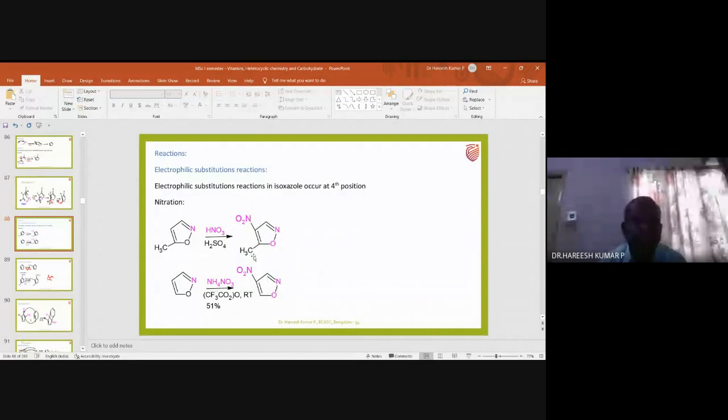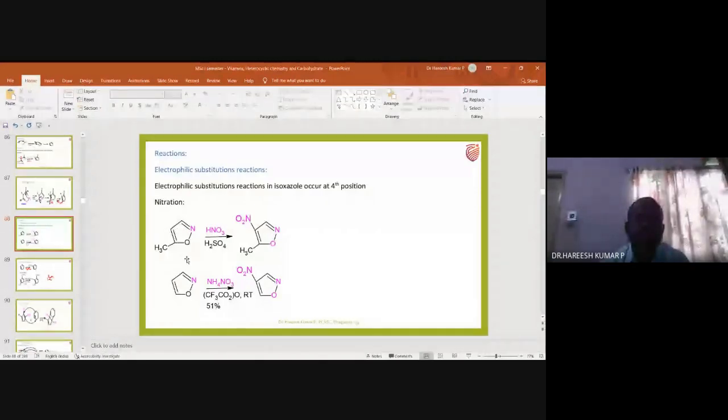Of course, if you want to write the mechanism, you can write it like this. First step, the sulfuric acid will be in equilibrium with H plus and HSO4 minus. Second step, HNO3 will be in equilibrium with OH minus and NO2 plus. The NO2 plus attacks the fourth position of the isoxazole. The obtained cation is stabilized by resonance.